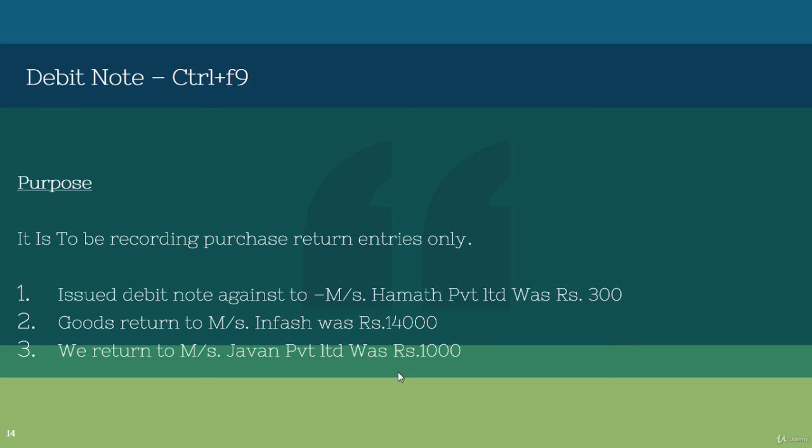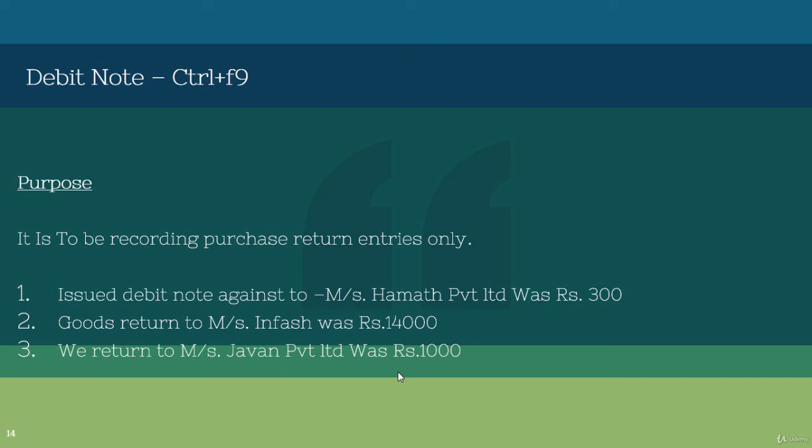Some examples: issued debit note against Hamad Private Limited 300. The second one, goods returned to Infas Company 14,000. The third one is return to Jawan Company 1,000. So this kind of transaction, the purchase return transaction entries only, we record into the debit note voucher.